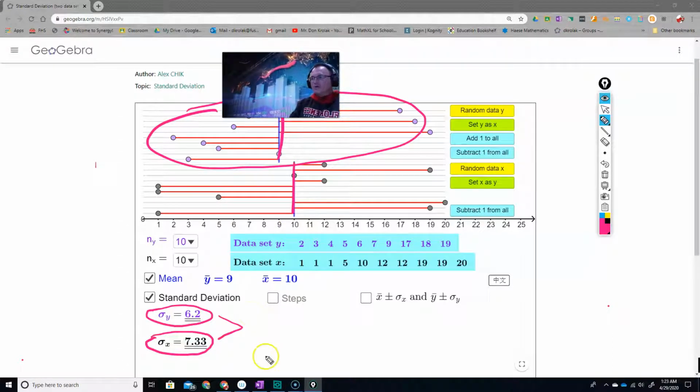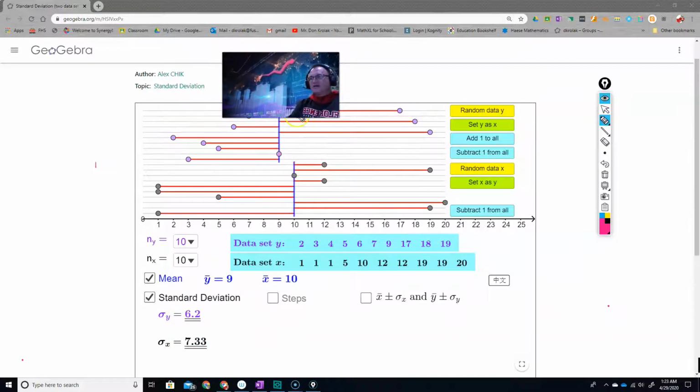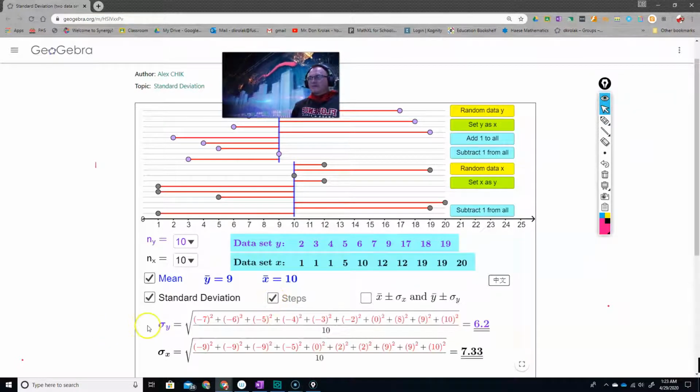Okay, so showing you the steps on how that's done, if I just click on this part here, okay, we did it for the black data set. So you can see those were the numbers that we got. I squared them, okay, divided it by the number of data points.